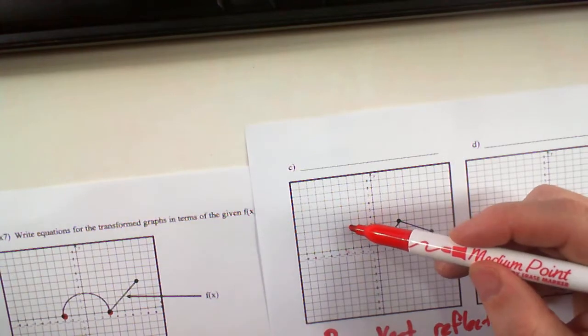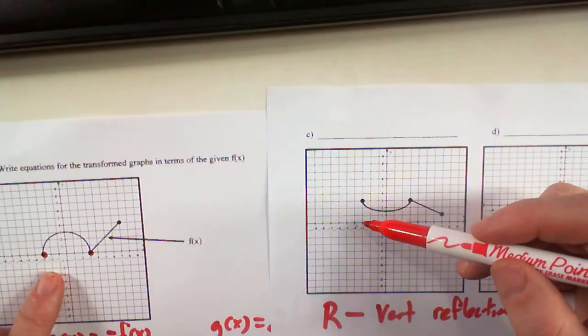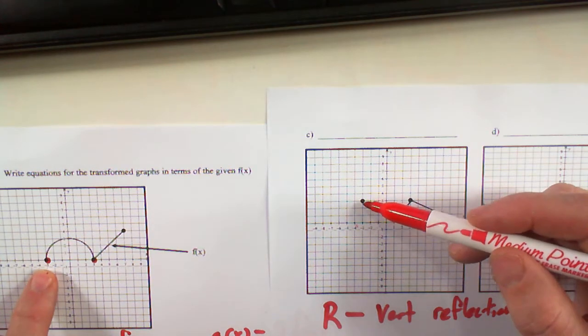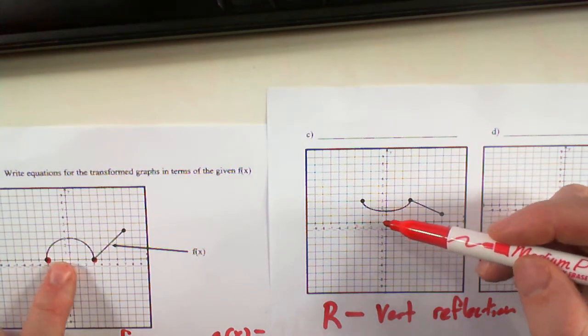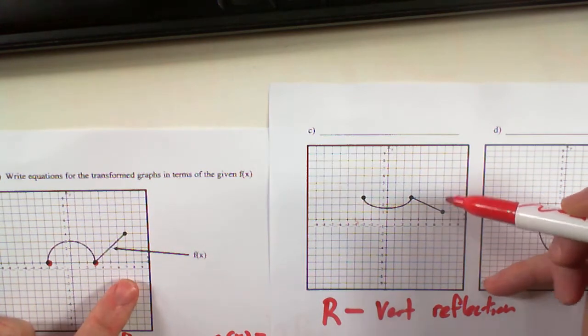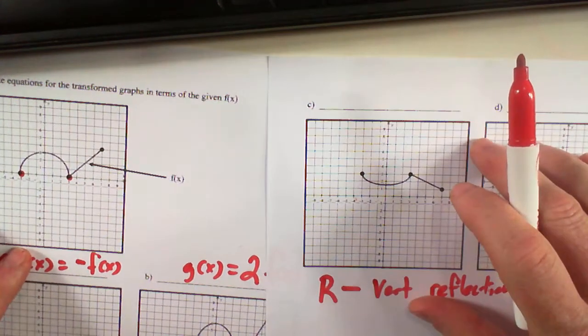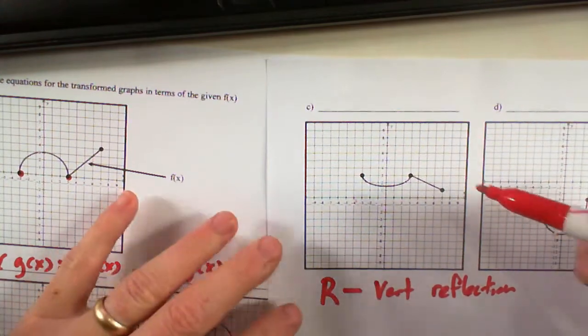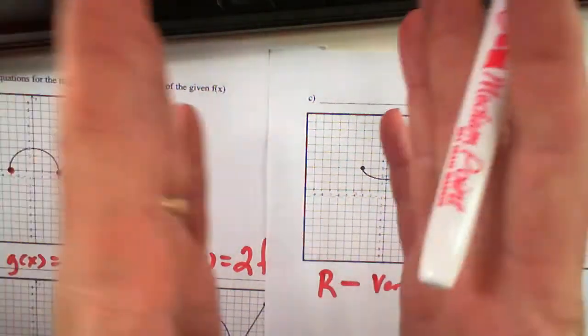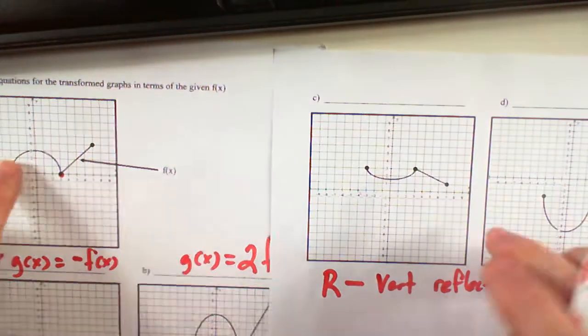Now, this point, which corresponds to that point, is still at the same x value. This point is still at the same x value. This is still at the same x value. So there is no stretch or compression horizontally.